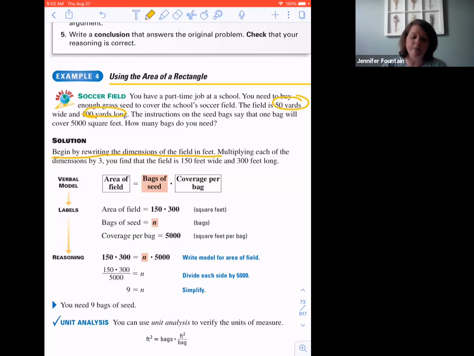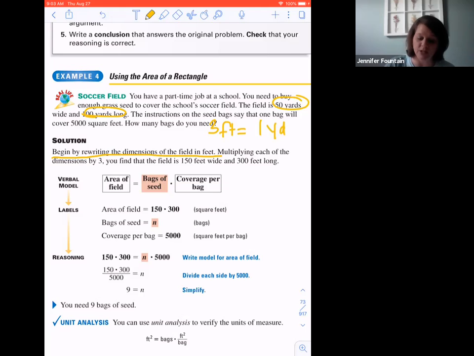So what do we know about yards to feet? What is our conversion? How many feet are in 1 yard? 3 feet for 1 yard. Okay, so what they did is they said, hey, I know that 3 feet is equal to 1 yard.